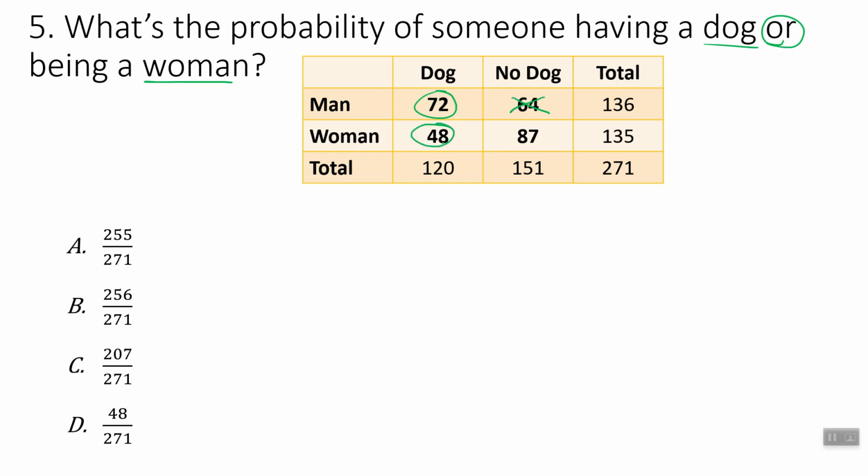We're not going to count them twice, though, because they only exist once. Next up, these people. They don't have a dog, but they're a woman, so we're still going to count them. So we get 72 plus 48 plus 87 out of 271. And if we add those up, or we just subtract the 64, I believe we're going to get 207 out of 271.